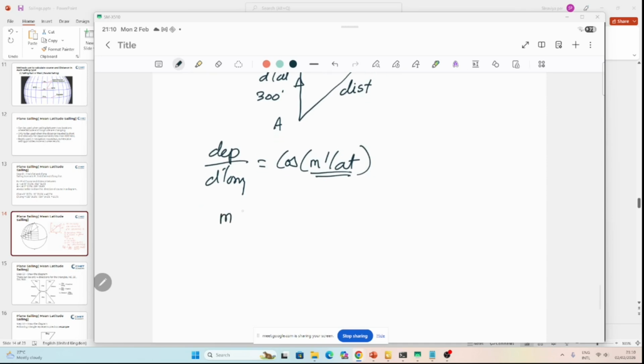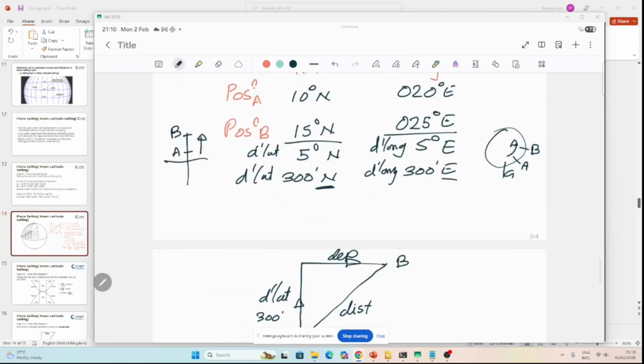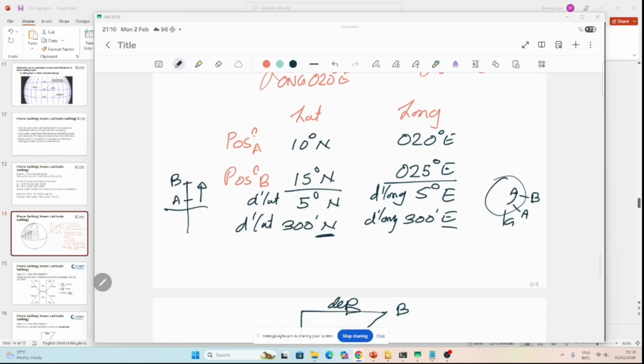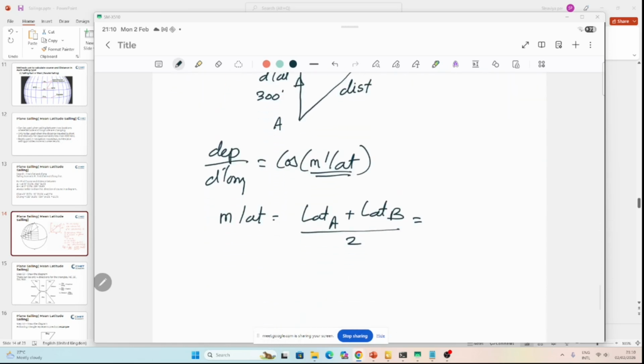Mean lat is equal to latitude A plus latitude B divided by 2. In this case, latitude A is 10 degrees, latitude B is 15 degrees. So your latitude is 10 degrees north plus 15 degrees north divided by 2.